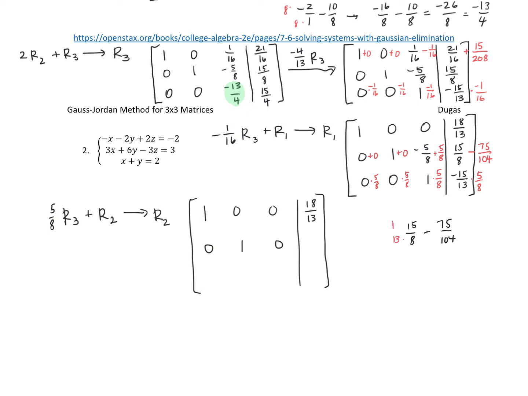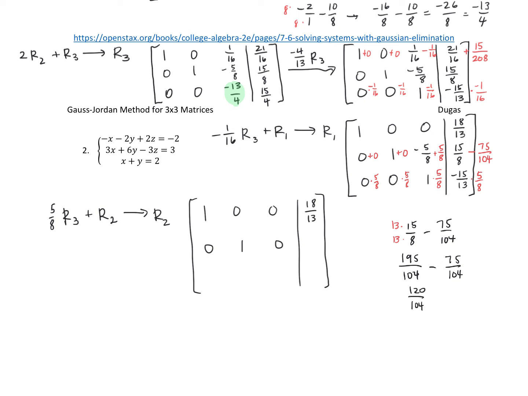So I can scale up the first fraction by 13. 13 times 15 is 195 over 13 times 8 is 104 minus 75 over 104. And then 195 minus 75 is 120.